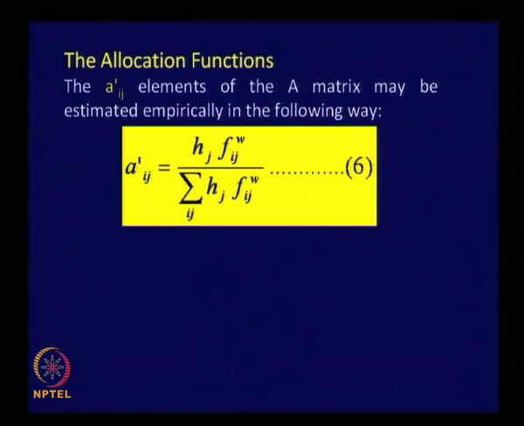It is a gravity type of equation to get the value of A dash I j. Please remember, in this example just now we have seen A dash I j values are directly given to us, right, but this is the way the A dash I j values are actually estimated.